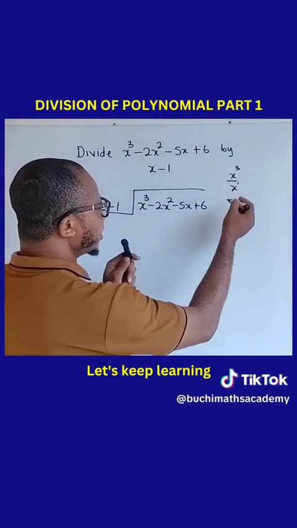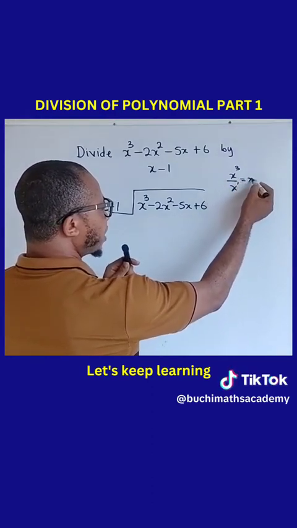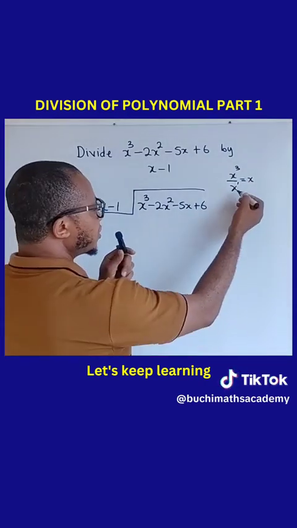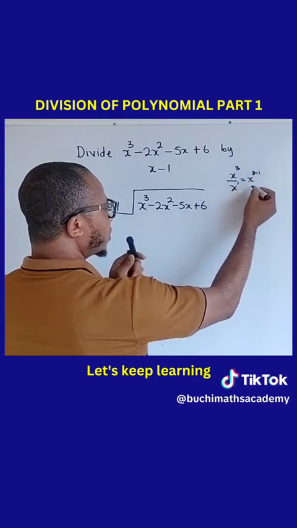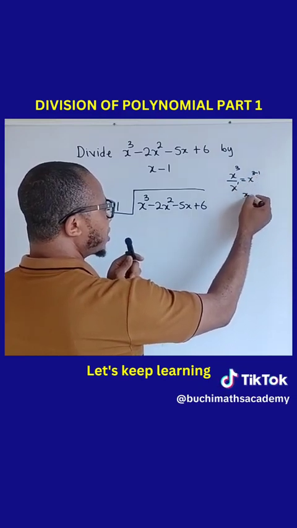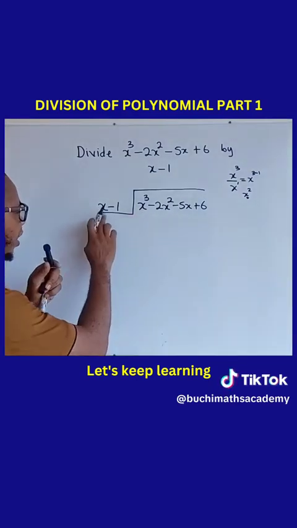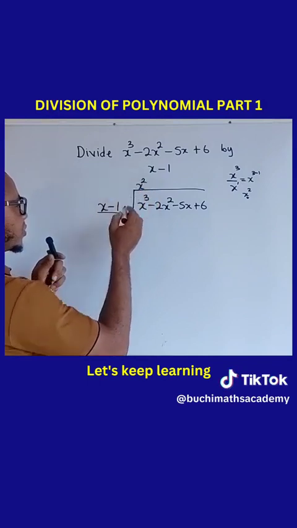Since they have the same base, just write one of the bases and observe the law of division that says you should subtract 1 from 3. So this will be 3 minus 1, and the answer will now be x raised to the power 2. So we divide x raised to the power 3 by x to give us x raised to the power 2.